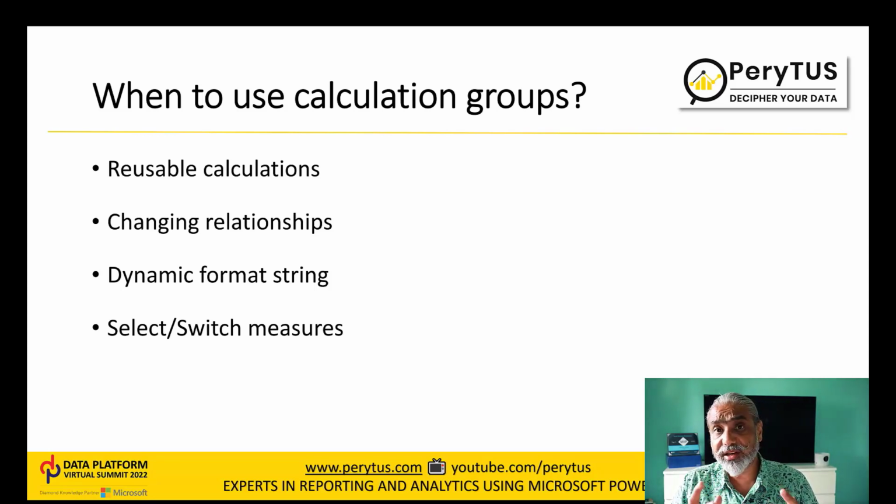Another thing is changing relationship. In a typical example, we have a sales order table connected to the date table. The sales order table has three different dates: due date, ship date, order date. Let's say we have to calculate month to date by order date, by ship date, and by due date, on sales and on quantity.